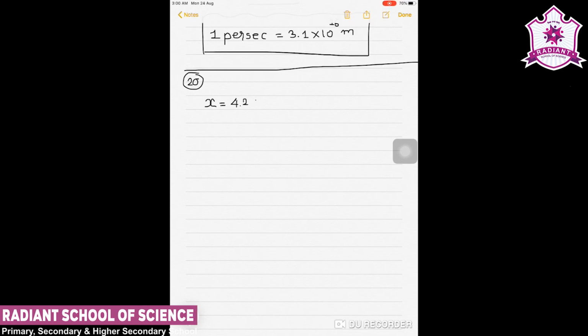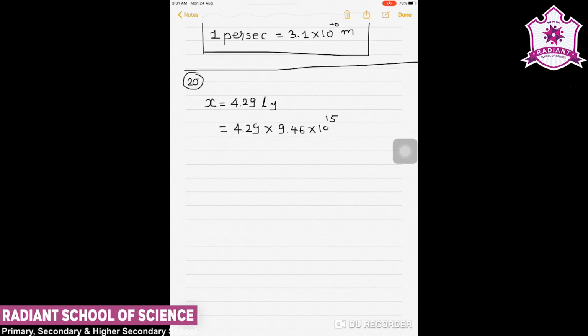4.29 light years. Now first of all we must know what is 1 light year, that is 9.46 into 10 raised to 15 meter. That is the distance travelled by light in 1 year. So that is given by 4.29 into 9.46 into 10 to the power 15 meter. Now this turns out to be in meters.